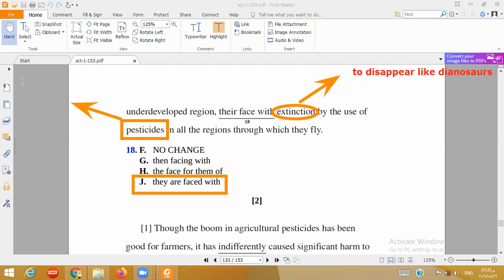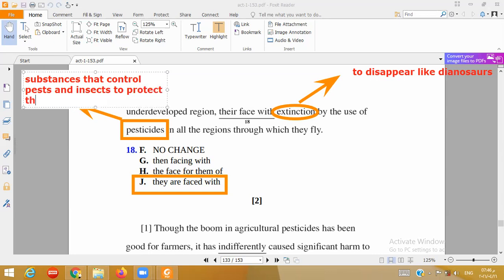They are substances that control pests and insects to protect the crops. Let me show you a picture.